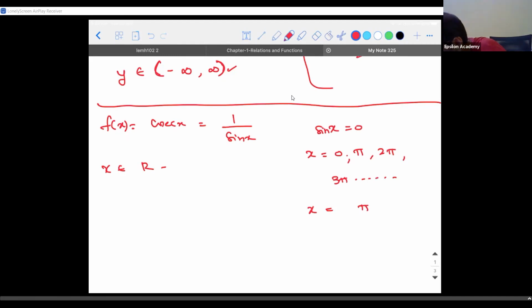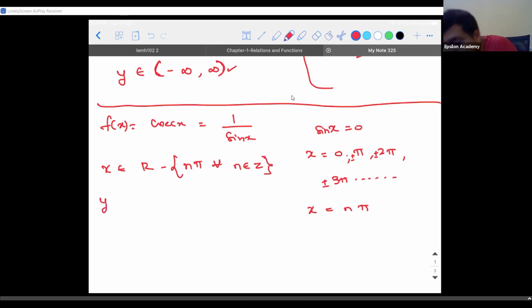N. One more point: plus or minus 1, plus or minus 2, plus or minus 3. All these numbers fall under what set? Integers. They fall under the integer set. So I can substitute any real number except n pi for all values of n that belongs to Z. Technical way of writing it.